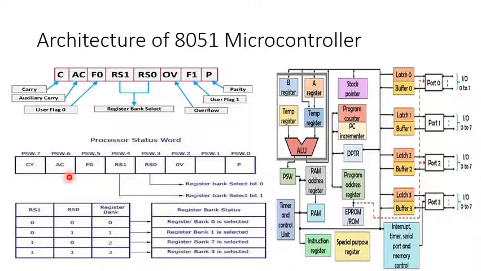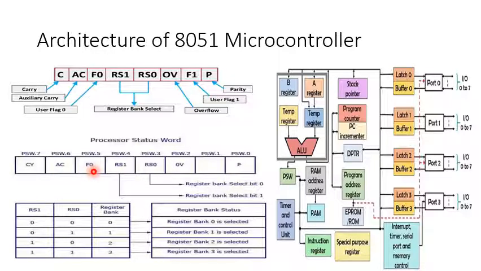Next, the auxiliary carry flag. If during addition and subtraction any carry or borrow is generated from the lower 4 bits to the higher 4 bits, then the auxiliary carry is set, otherwise it is reset. It is used in BCD arithmetic operations.